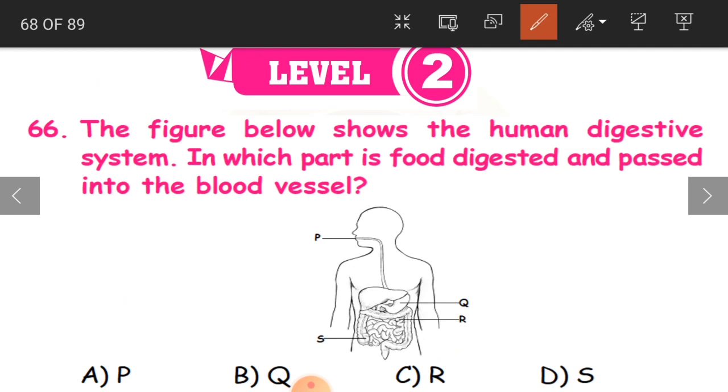Now, 66th question. The figure below shows the human digestive system. In which part is food digested and passed into the blood vessels? So here is the diagram of the digestive system, children. This is the esophagus, like the pipe in the previous question we discussed, the pipe from where the food reaches the stomach.